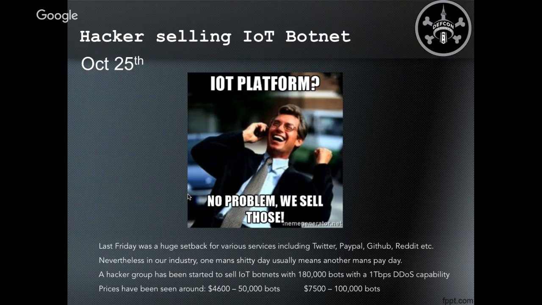So obviously what I wanted to tell you guys is that in the deep web, and this is all happening just a couple of days ago, hackers have been selling these IoT device botnets. If you want 50,000 bots based off of IP cameras, it's going for about $4,600. And if you want close to 100,000 bots in your attack, it's going to cost $7,500.